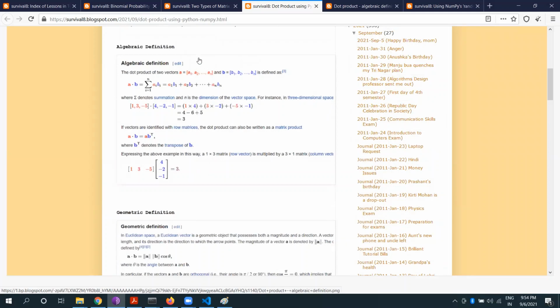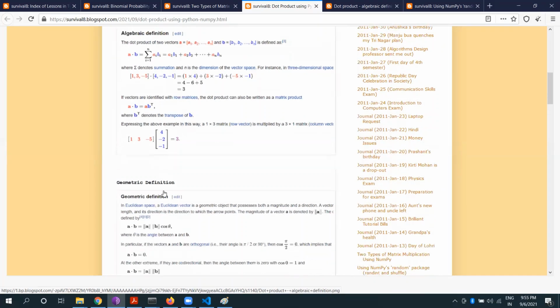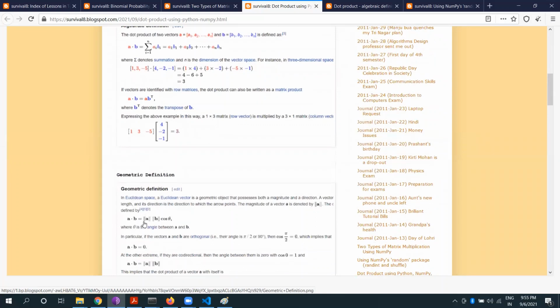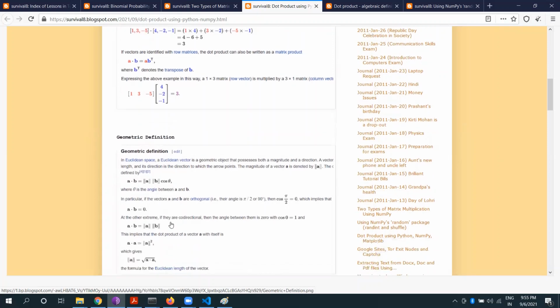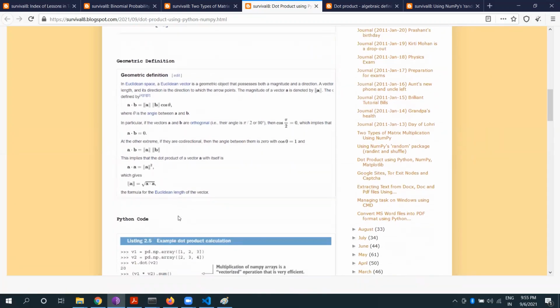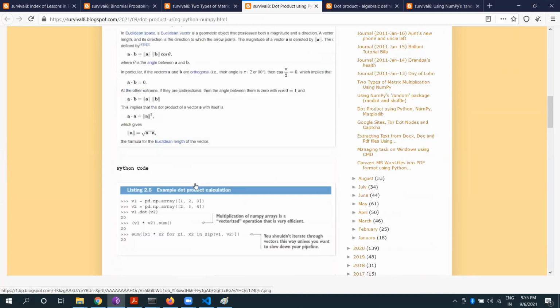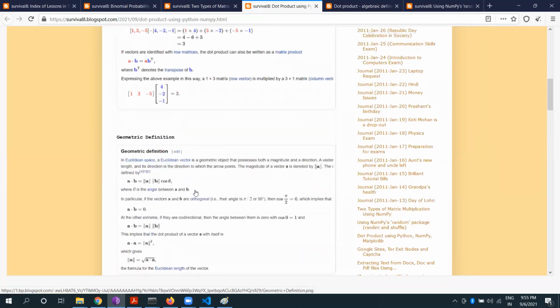This is taken from Wikipedia. The algebraic definition says A dot B equals A multiplied by B transpose, and the geometric definition says A dot B equals modulus of A modulus of B cos theta. Got it? In Python code, the results will be the same, and they will result in the same thing.